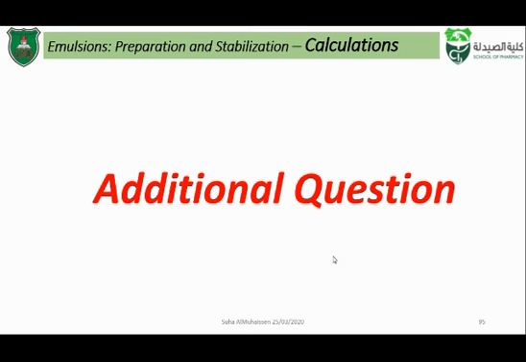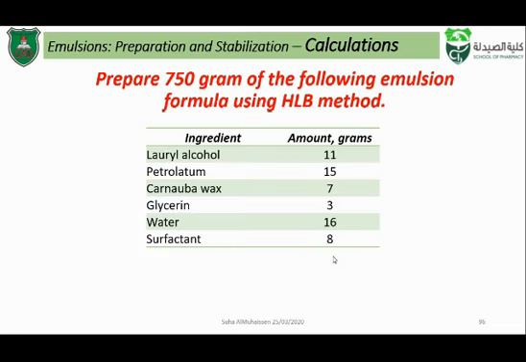And here is an additional question for you to solve. Prepare 750 grams of the following emulsion formula using the HLB method. What I'm aiming for here is for you to do all of the calculations that we did.